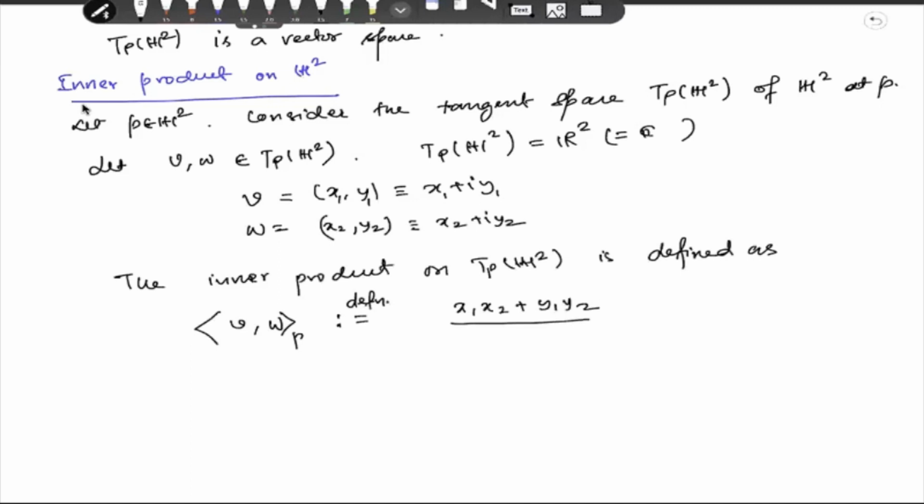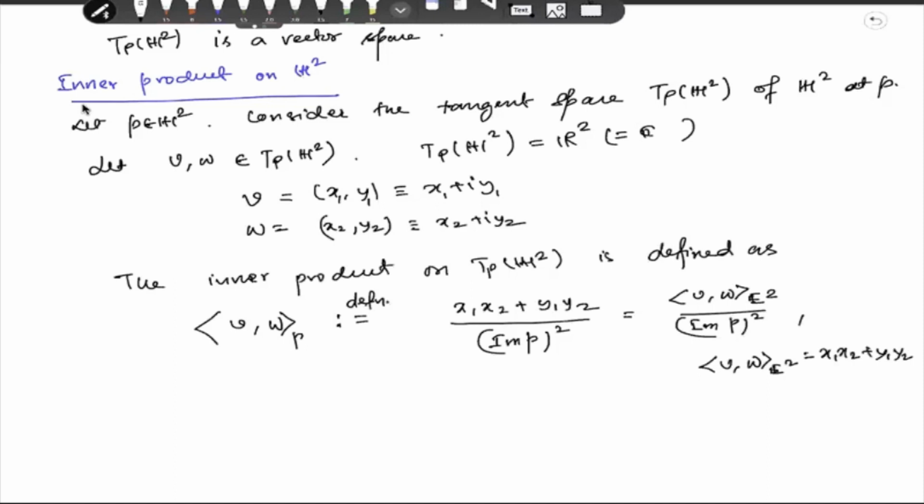And now you divide it by the square of the imaginary part of P. So the Euclidean inner product between V and W is divided by the square of the imaginary part of this point P. This is my Euclidean inner product divided by the square of the imaginary part of P.